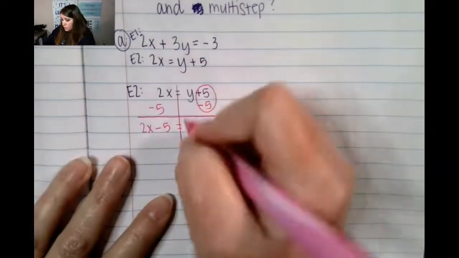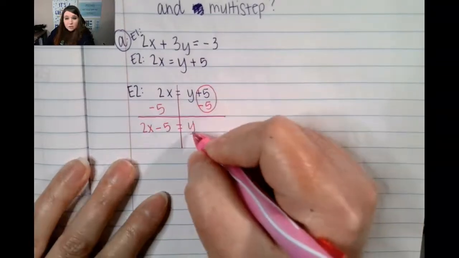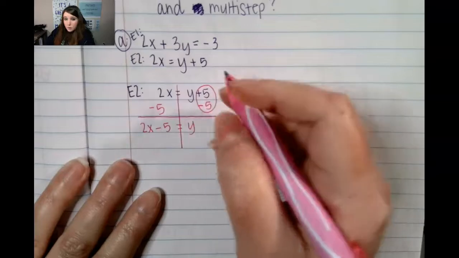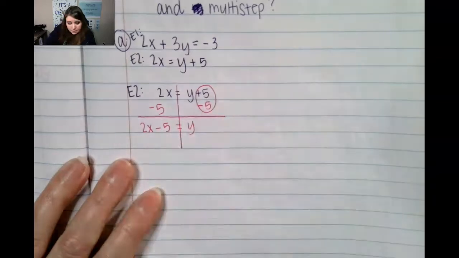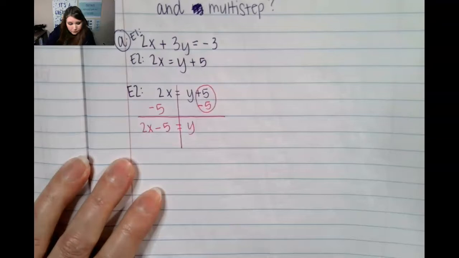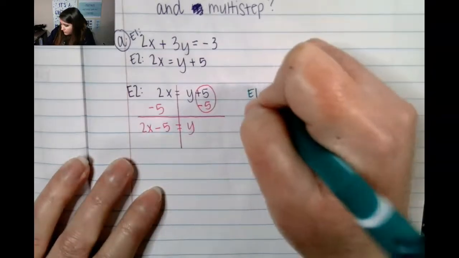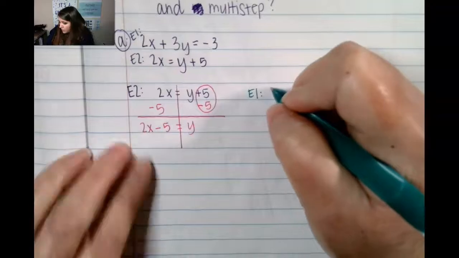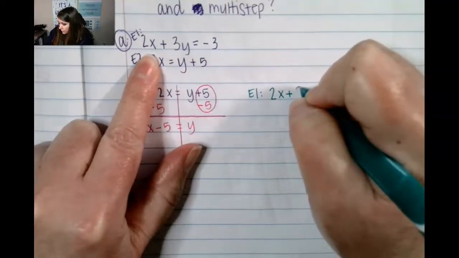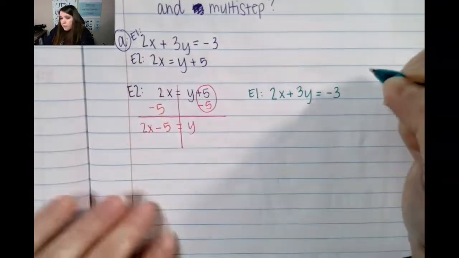So I have a y equals that I can use to sub into equation 1. Okay, so here's our new equation 2 right here. And we will come back and use this when we solve for what y is. But first we need to know what x is. So we're going to take this and put it into the first one. Equation 1 says 2x plus 3y equals negative 3.